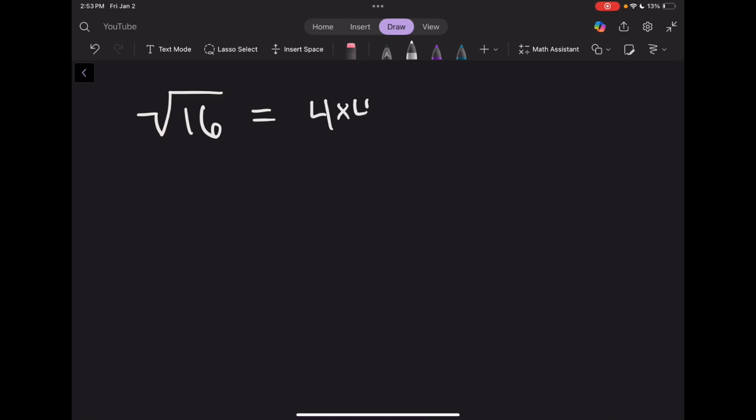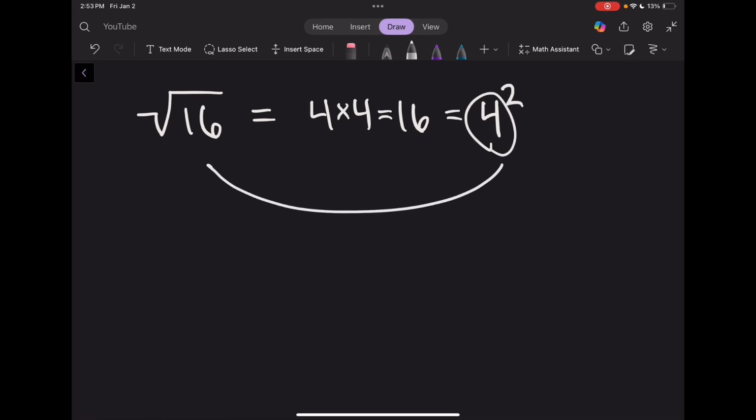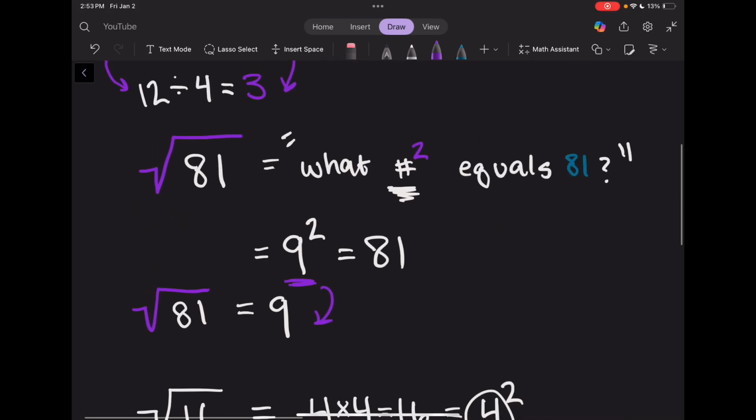Well, 4 times 4 is 16, so our answer is 4 to the second power gives us 16. So the square root of 16 is 4. It's going to be that number that you're looking for, that unknown that we don't know. This is the unknown. And that's also our answer, whatever number that is.